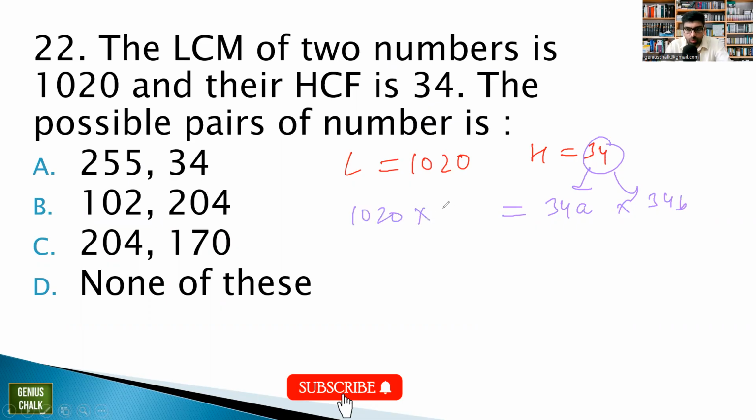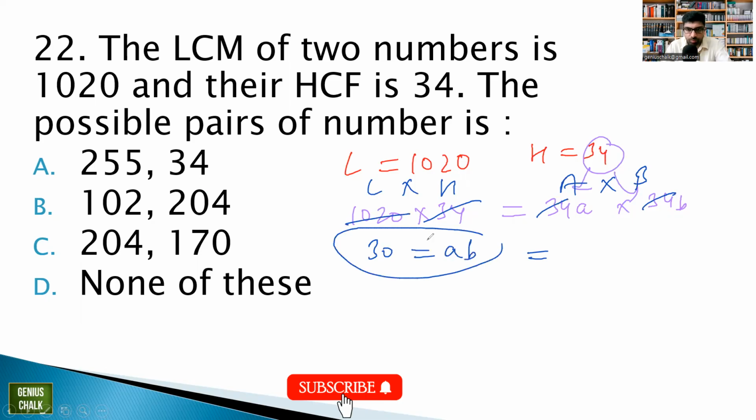Yesterday in this class we discussed that the product of two numbers will always be equal to the product of their HCF and LCM. So I am applying this. 34 gets cancelled. 34 threes, I guess. So I am getting the product of the two numbers as 30.